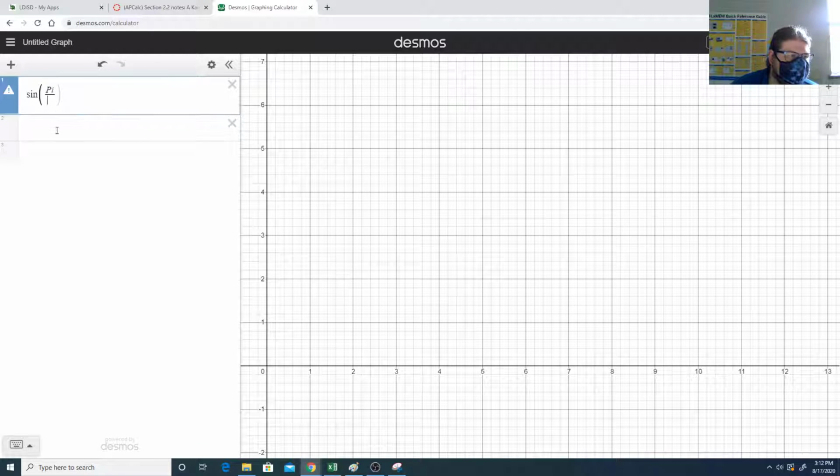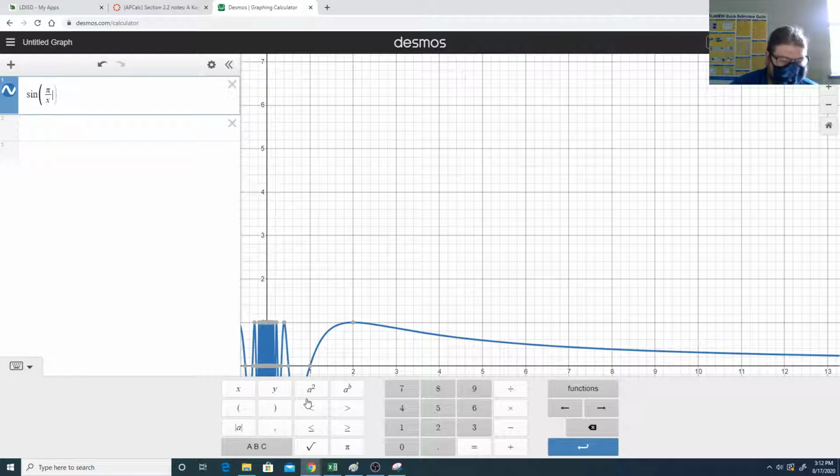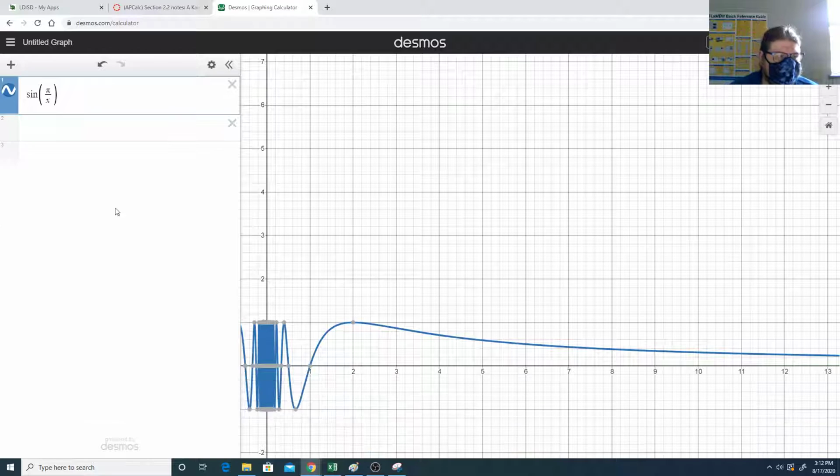Oh, whoops, it's not registering that as pi. What is the pi function here? Is it that? All right, hang on. Sine of pi over x. Okay, so let's see what's happening here.